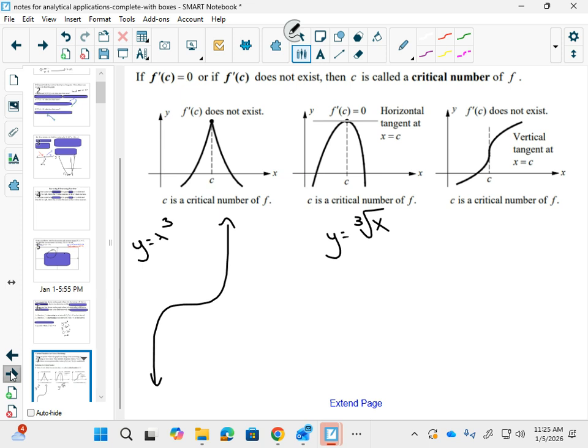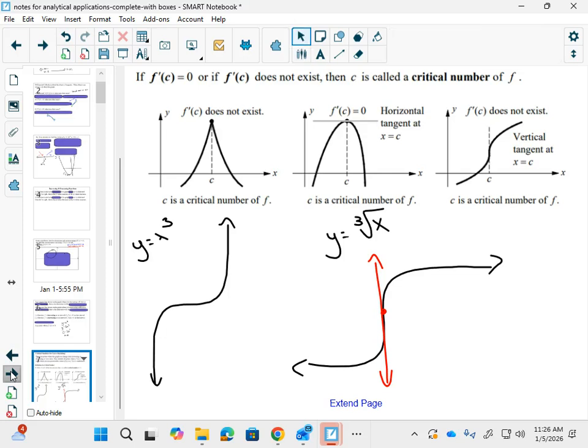Your x cubed graph looks like this. And technically, at 0 of your cube root graph, your tangent is straight up and down. And what is the slope of a vertical line? It does not exist, right? So we have a problem there. It's going to show up in your derivative as being problematic at that point.